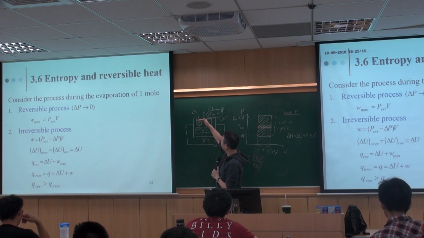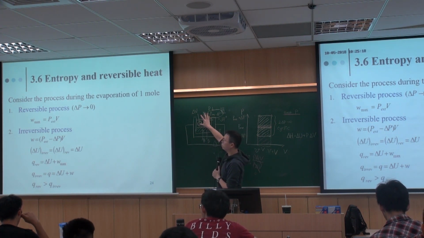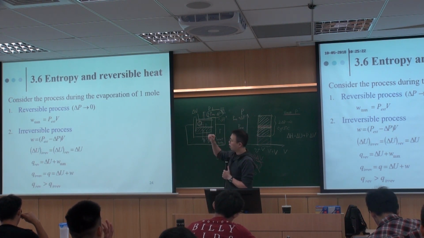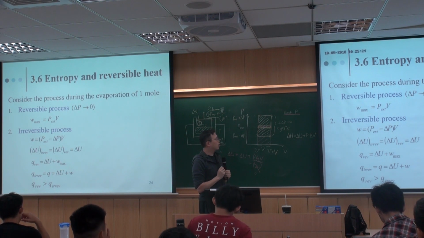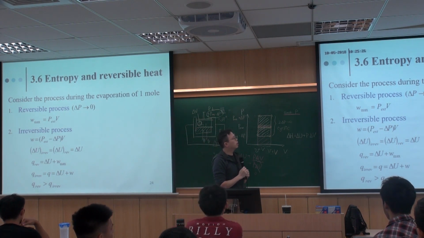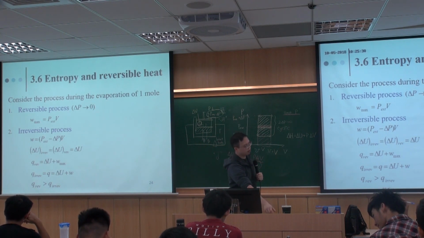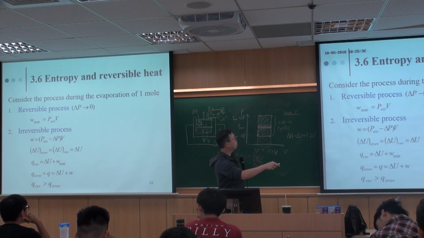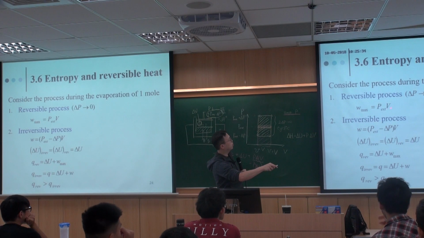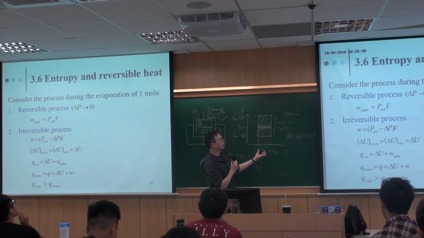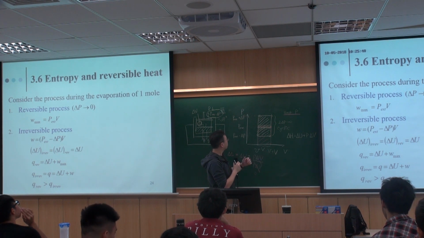So now we only focus on the volume becoming larger and larger. During that process, the maximum work that can be done by the system is P external times V, where V, like I mentioned earlier, is the change of volume. So we can say this is delta V.